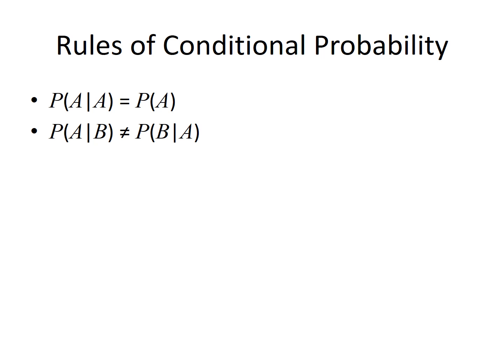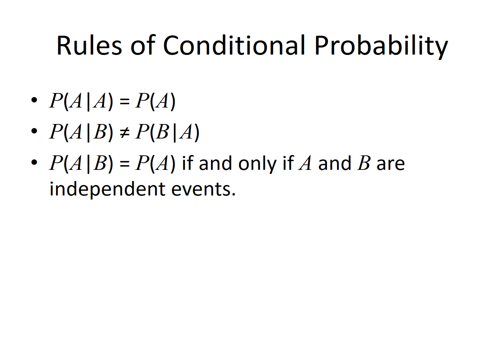These are not commutative, in other words. The probability of A occurring, given that B has occurred, will be equal to the probability of A if and only if event A and event B are independent events.